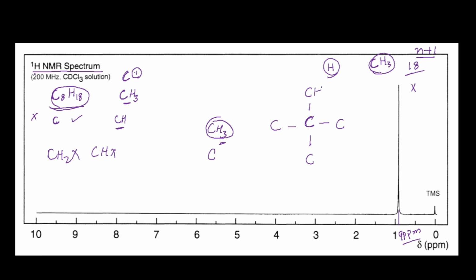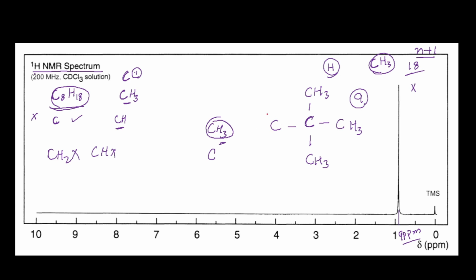Here the methyl groups are present, and each methyl group is directly attached with the single carbon, and there is no proton on it. If we calculate our protons, these protons are 9 in number, but the number of protons should be 18. And this carbon is also attached with this carbon, but the problem is that two types of carbon are present, first carbon and second carbon.